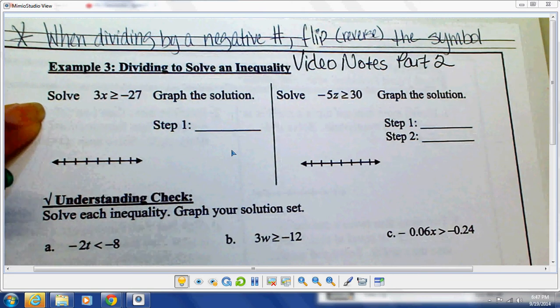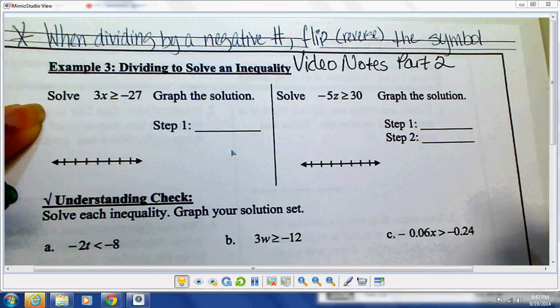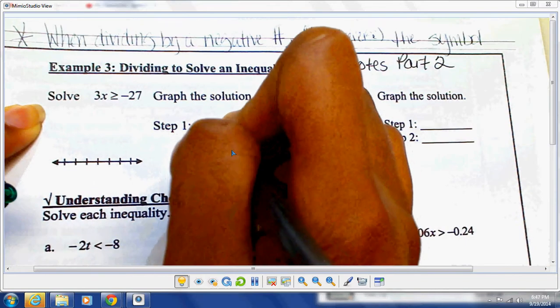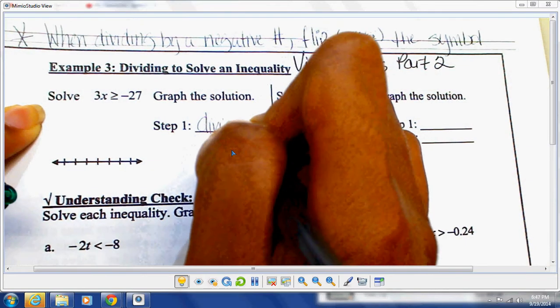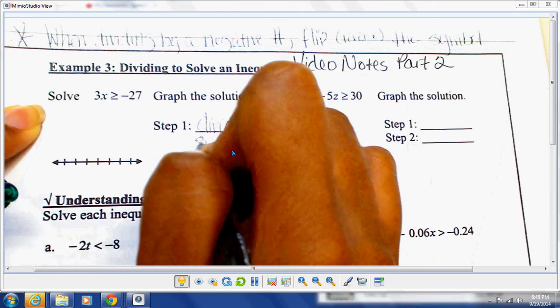Okay, let's go. We got 3x is greater than or equal to negative 12. So therefore, since we see that this is a multiplication problem, remember we solve just like it's an equation. So we're going to do its inverse, which is divide. So step 1 is to divide both sides by 3.